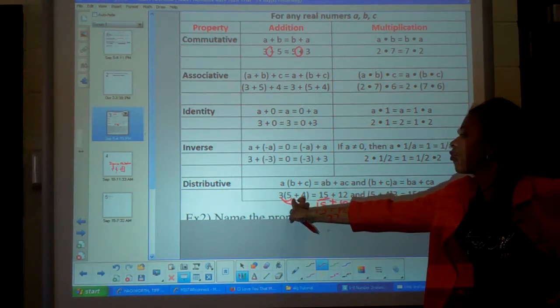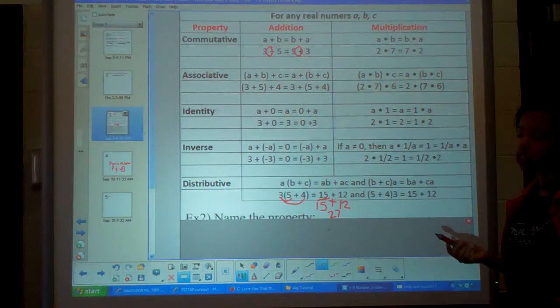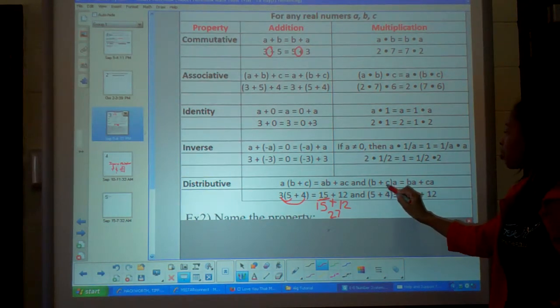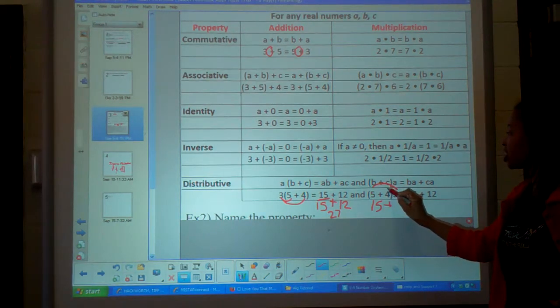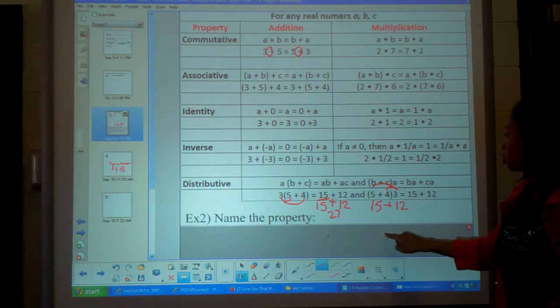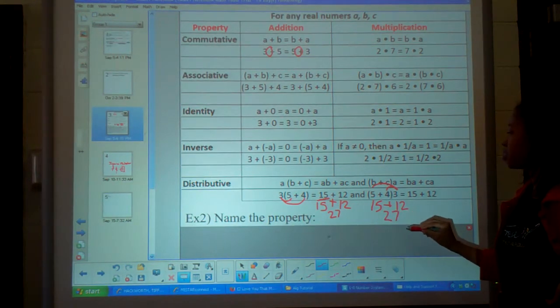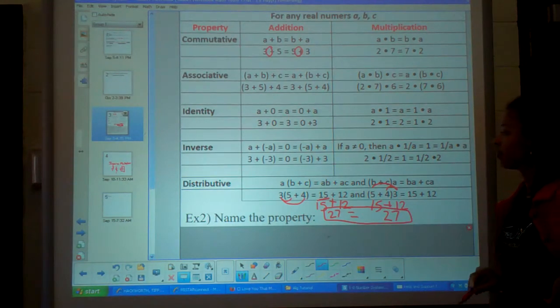That means a 5 plus 4, I'm moving to the front. 5 plus 4 times 3. It's still the distributive property. Okay? 3 times 5 is 15, plus this 3 has to be distributed to the 4, is 12, which is going to be equal to 27 still. Both are equal. 27 does equal 27.